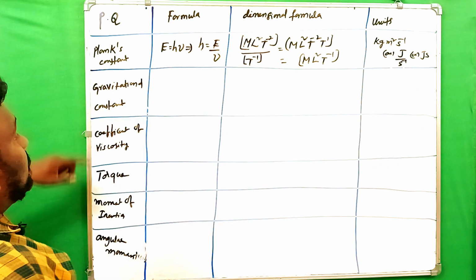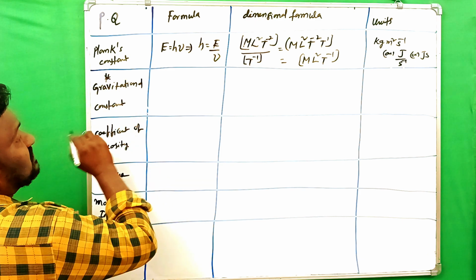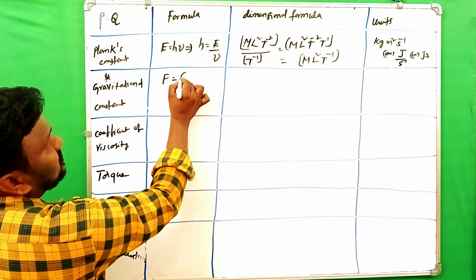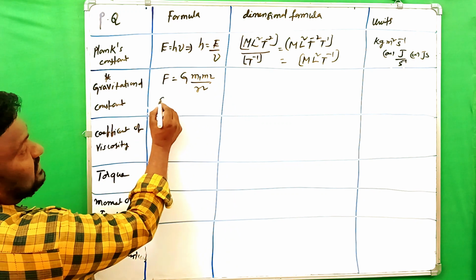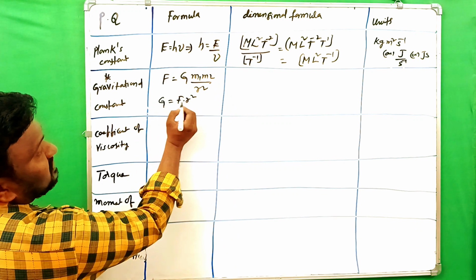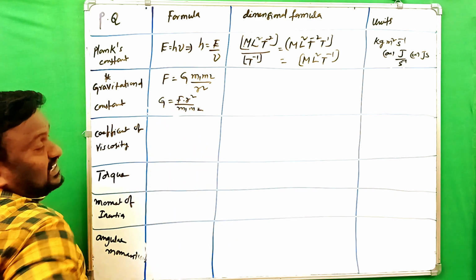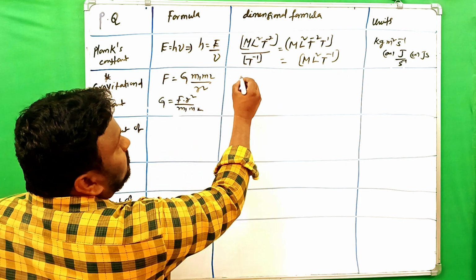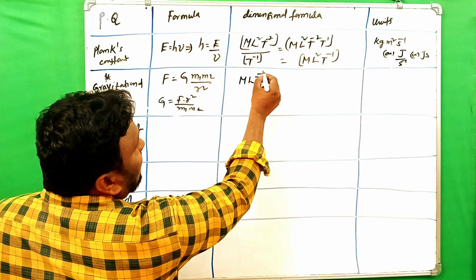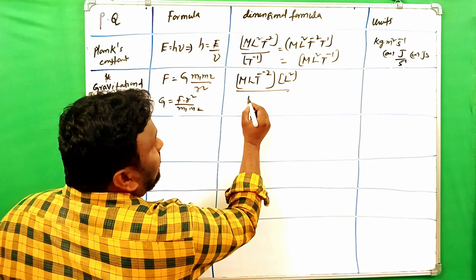And next, this is the most important one, with some specialty. Gravitational constant. The formula is F equals G m1 m2 by r square, so G equals F into r square by m1 m2. Here F is the force, r is the distance, and m1 m2 are the masses. Force dimension formula is M L T inverse 2, and r square is L square, divided by masses m.